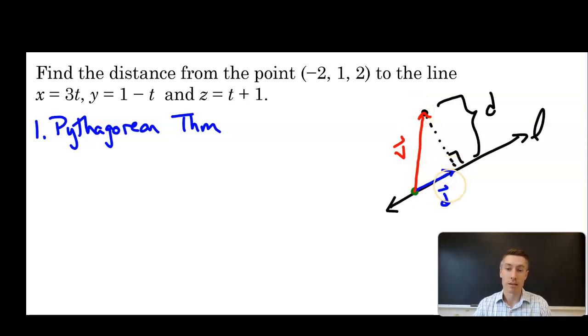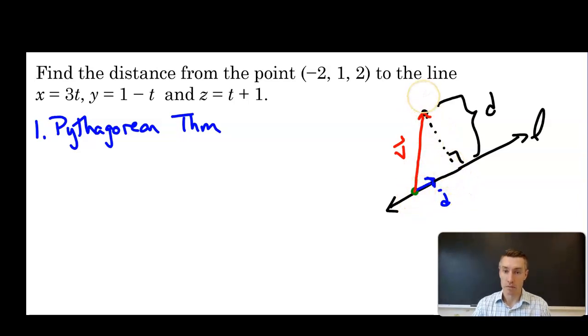I know in this case in the diagram, I did draw the direction vector to perfectly be that length, but it does not have to be. It could very much be the case that the direction vector is, let's say, there, and then our line extends out, right? And we would have to do the scalar projection.